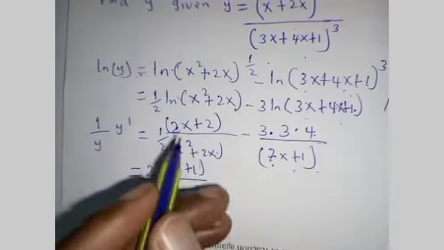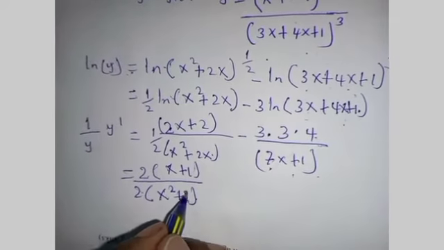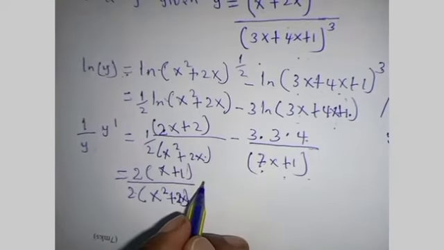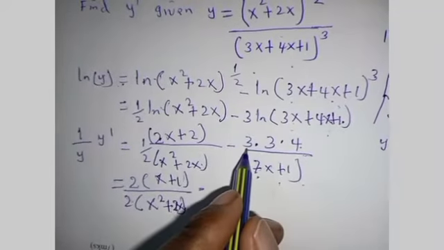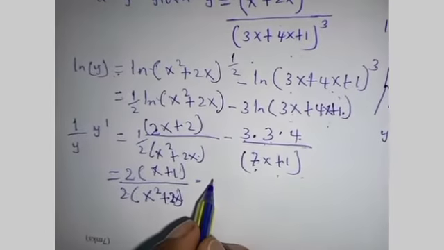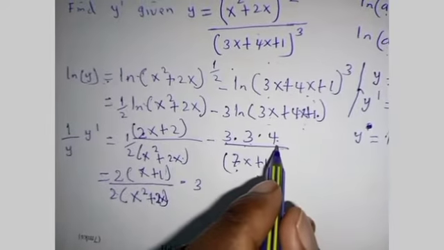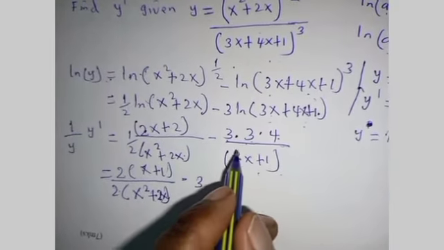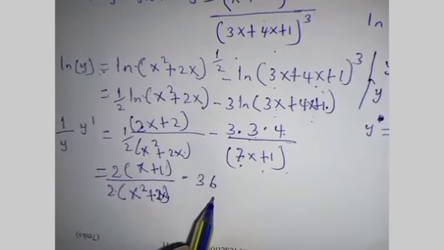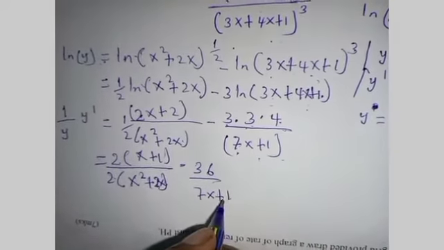Oh, sorry, the denominator is x squared plus 2x, this one, x squared plus 2x minus, this is 3 times 3, which is 9 times 4. You have 9, you have 7 times, this is 36 divided by 7x plus 1.